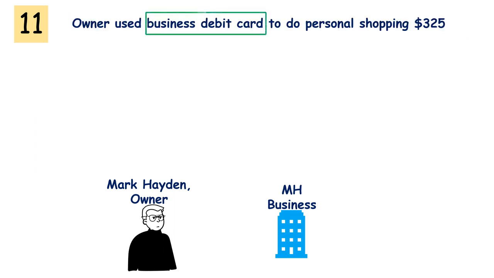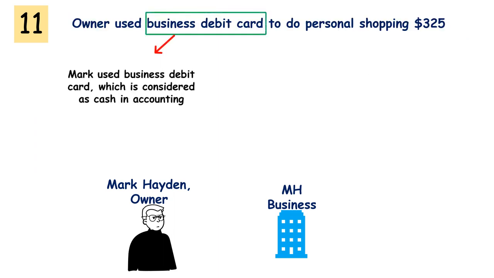All right, the final transaction is this. So now the owner, Mark Hayden, went shopping and bought himself something, but paid with the company debit card. So he used the company debit card to buy something for himself. We call this drawings. So whenever the owner takes cash for personal use or buys something personal with the company debit card, we call that drawings.